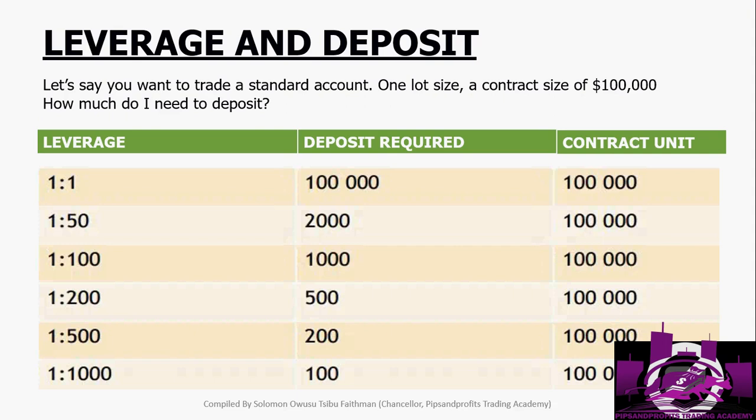Now, I want to emphasize that the only time you go a step higher, let's say 1:400, 1:500, is when your deposit is less than, let's say, $1,000 or less than, let's say, $5,000. But if your deposit is more than $5,000, I expect that you don't go above 1:400 leverage, okay?